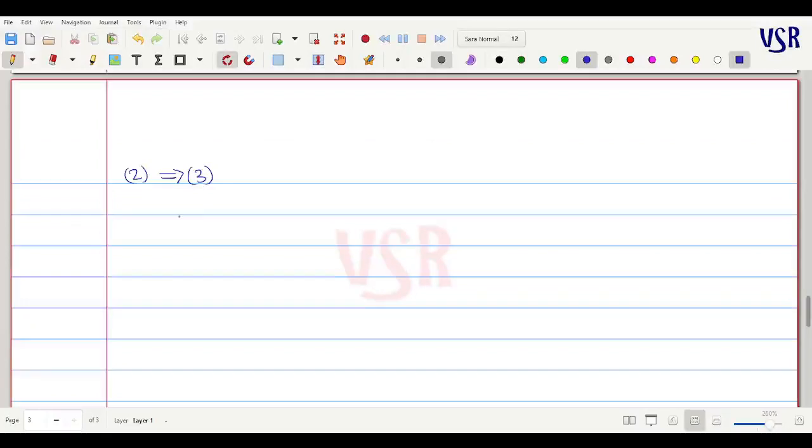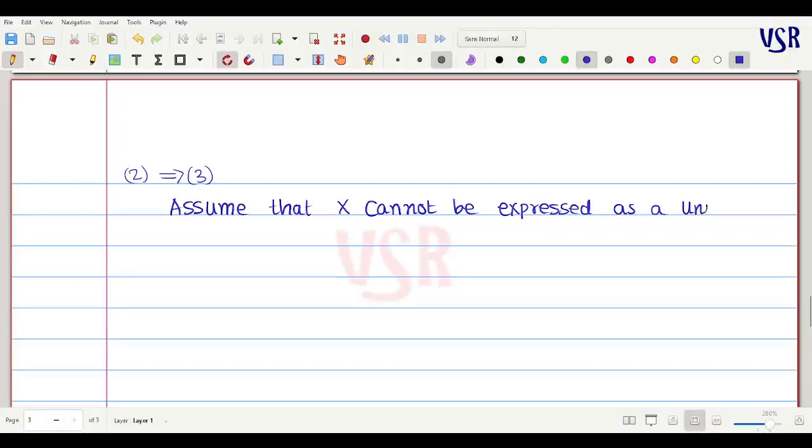ஃபர்ஸ்ட் அஸ்யூம் பண்ணிக்கலாமா? So assume that capital X cannot be expressed as a union of two non-empty disjoint closed sets. இப்படி எழுத முடியாது.